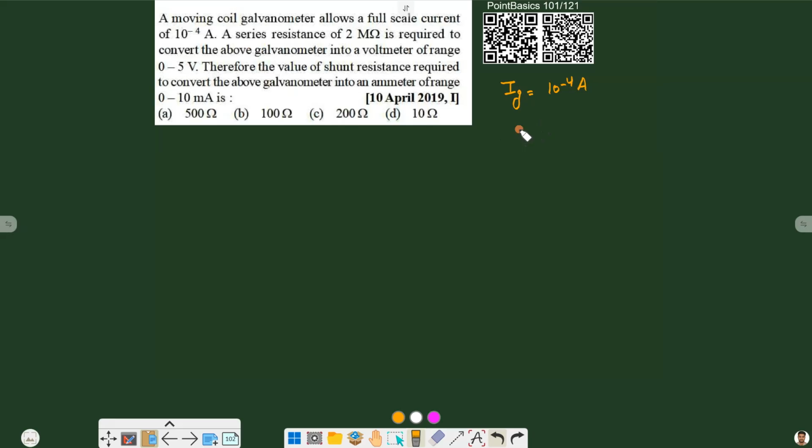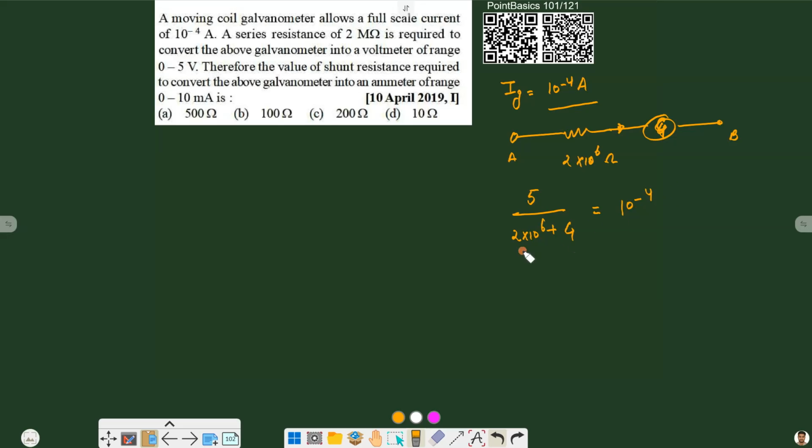So let's draw the diagram that we have a 2 mega ohm or 2 into 10 raised to power 6 ohm resistance, and we have a galvanometer here and A and B points. Now difference between A and B points potential is 5 volts. So current in this circuit will be 5 divided by total resistance, that is 2 into 10 raised to power 6 plus resistance of the galvanometer, and maximum current through galvanometer is mentioned already, that is 10 raised to power minus 4.